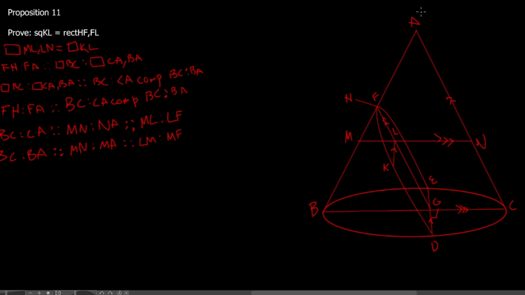But most importantly, from Euclid 6.2, we know that if we have a triangle and then we have a similar triangle within it, this parallel side will cut off sides that are proportional, meaning that as MN is to MA, LN is to FA. We have MN and we have MA. So it has the same ratio to LN and FA.